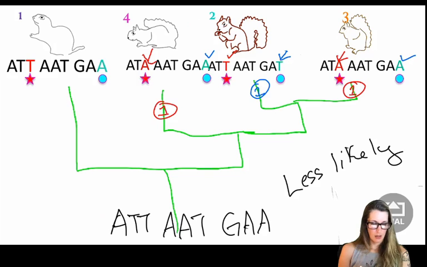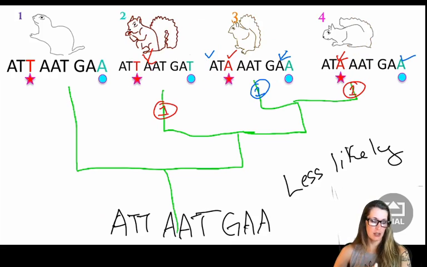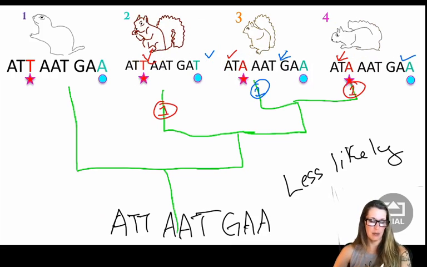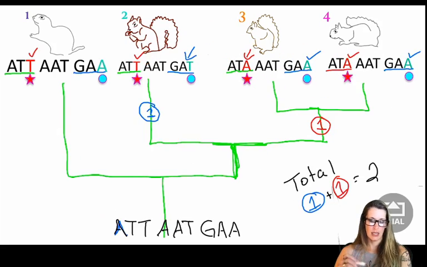Okay. So this is just a made-up example of a way that using this idea that we expect the fewest possible changes helps us construct a tree. And so our most likely tree is this one, where the two gray squirrels are more closely related to each other than they are to the fox squirrel.